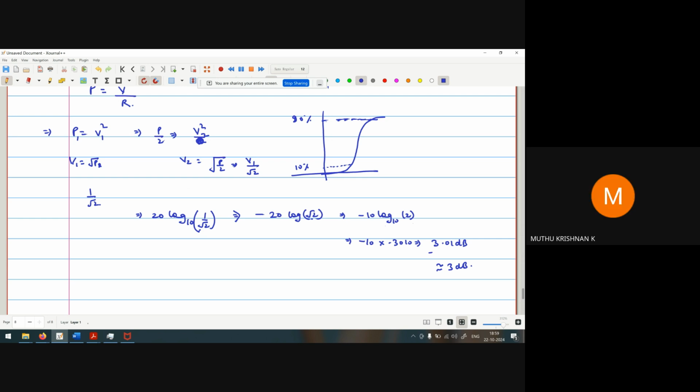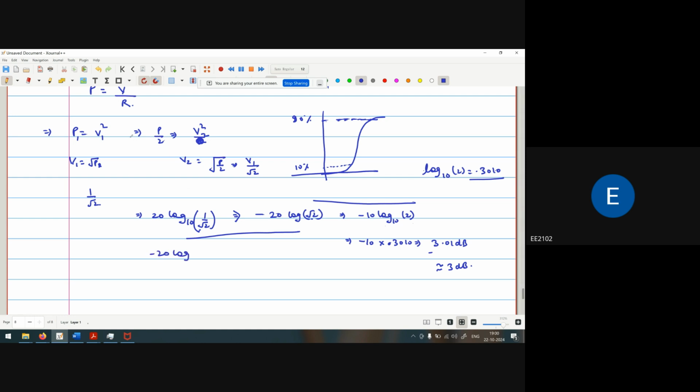Log 2 is what? The answer of log 2 is 0.3010.